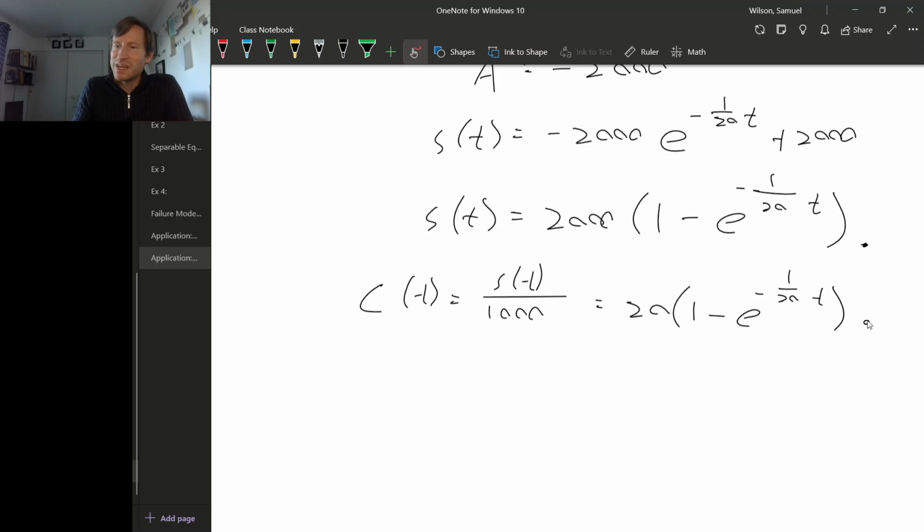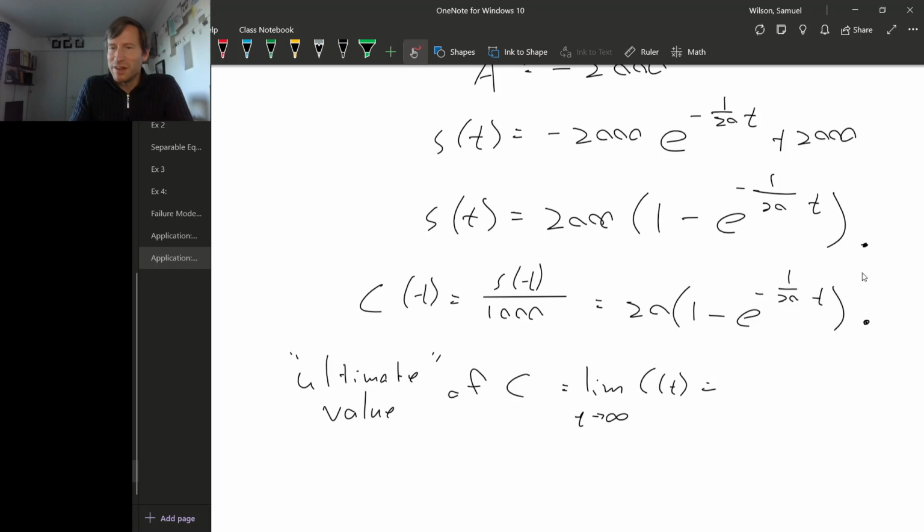We want to know when we get to half of the ultimate value, but what do we mean by ultimate value? I guess that means the long-term value that this concentration goes to, but that's really just a limit. So the ultimate value of the concentration is the limit as t goes to infinity of c of t.